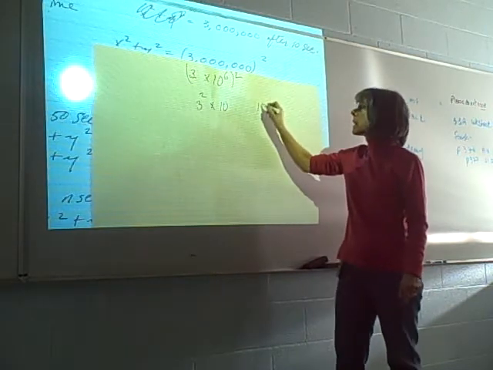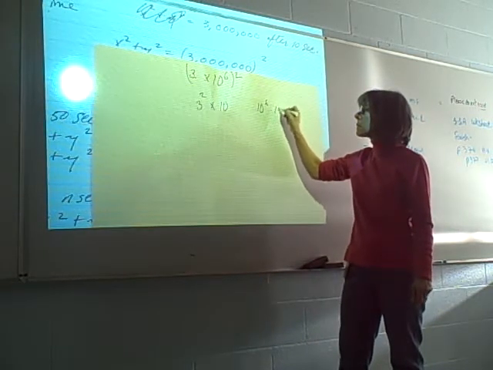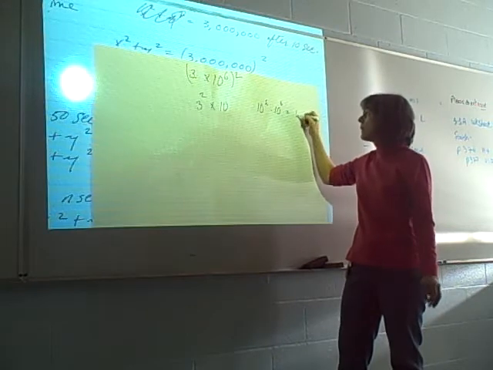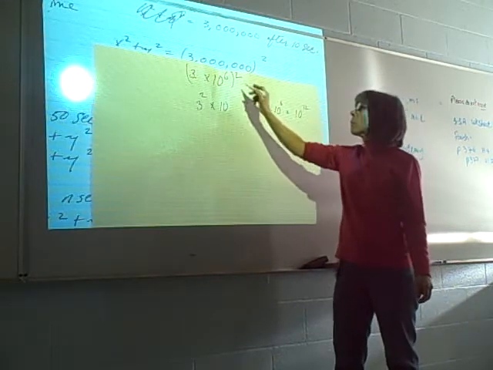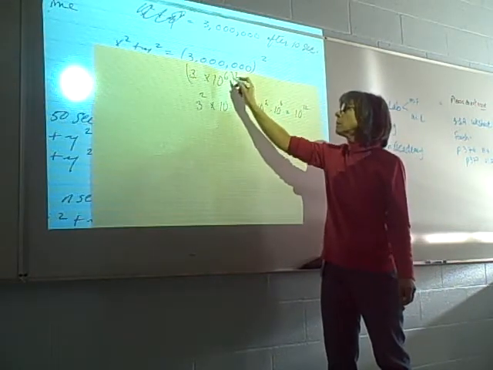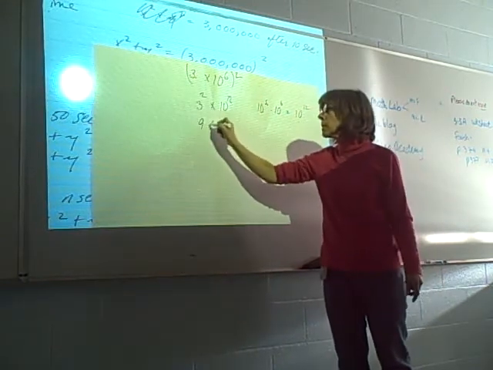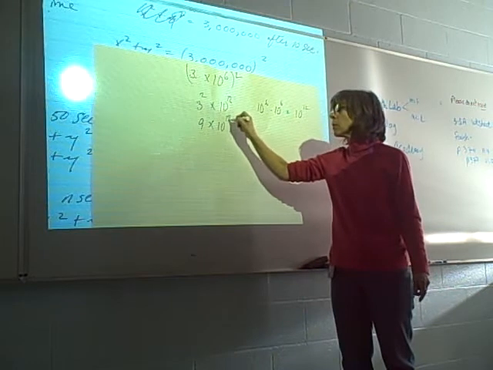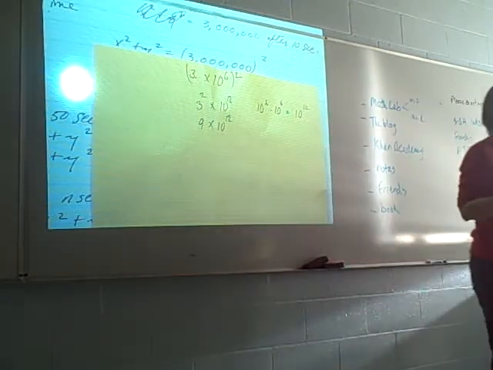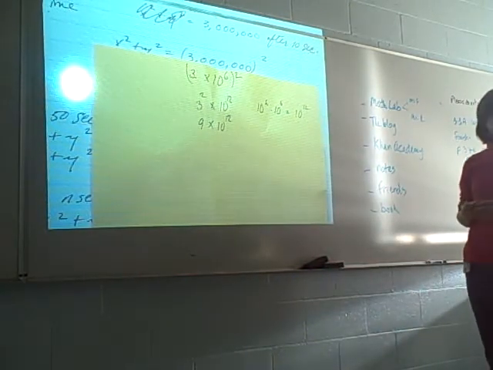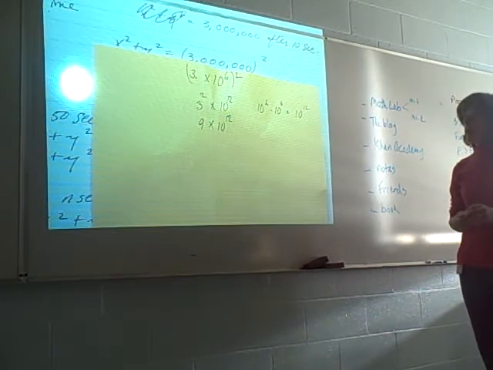Because this means 10 to the 6th times 10 to the 6th would be 10 to the 12th, but when I have it this way, it would be 6 times 2 is 12. Okay, so can I rewrite this as 9 times 10 to the 12th? Yes. Okay, so that would be my final answer for writing that.